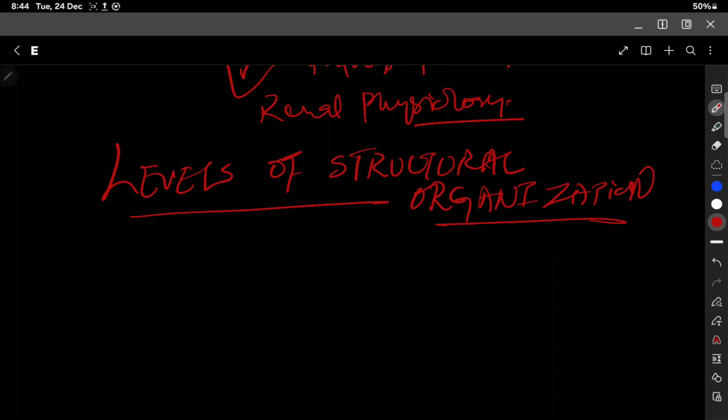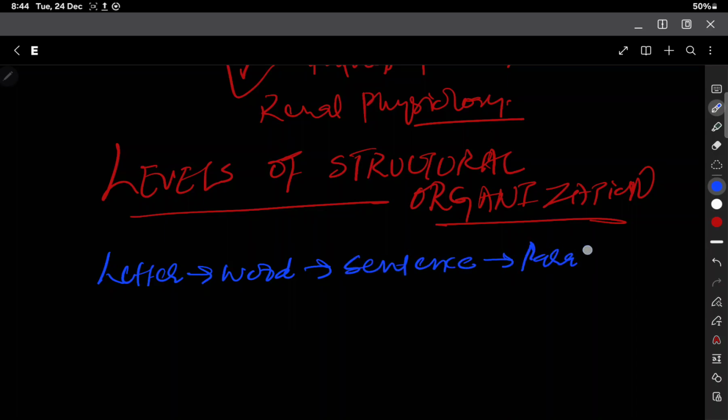If I correlate this with English grammar, you start with different things: first letters, then you combine the letters, they become words, then you combine the words, they become a sentence, then you combine the sentences, they become a paragraph, then you combine the paragraphs, they become a chapter, then you combine the chapters and it becomes a book.